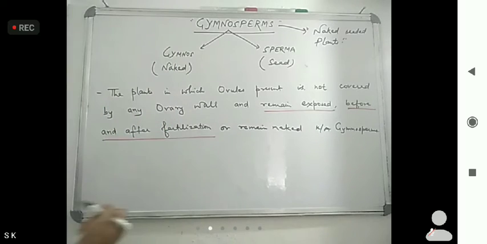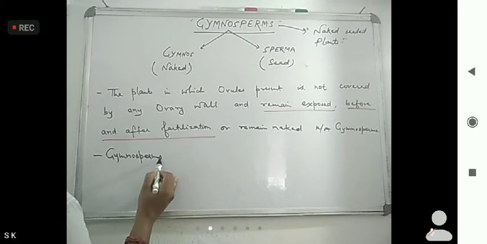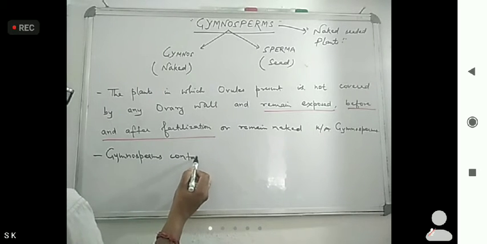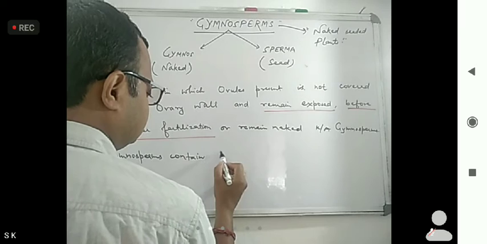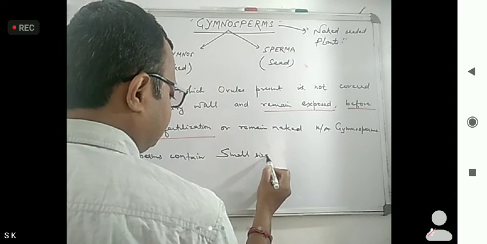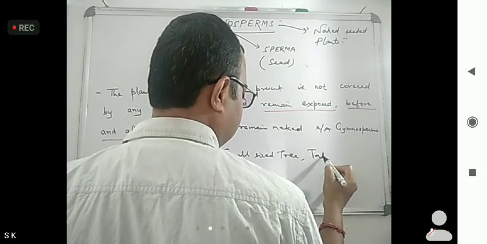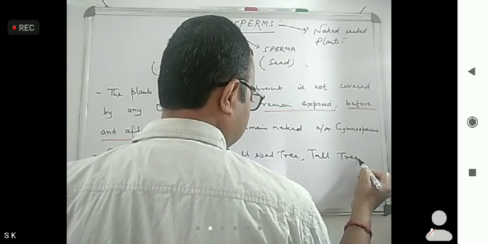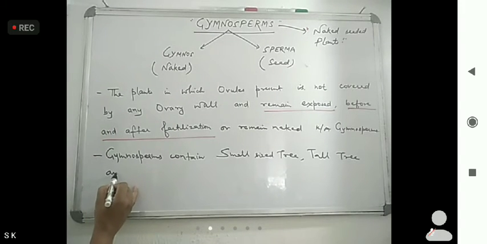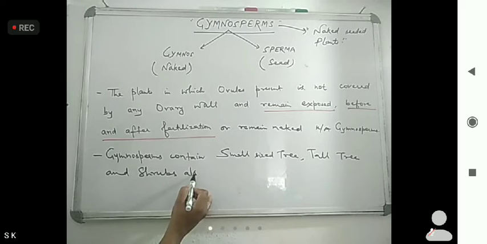Now, these gymnosperms contain medium-sized trees, tall trees, and shrubs also.